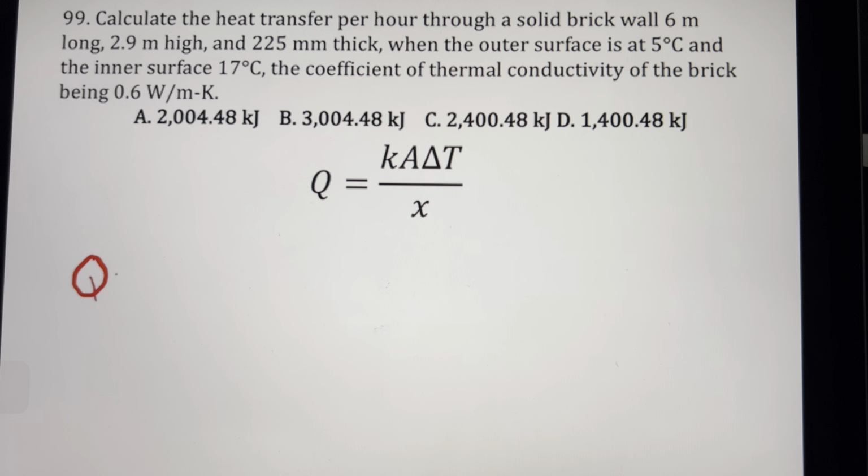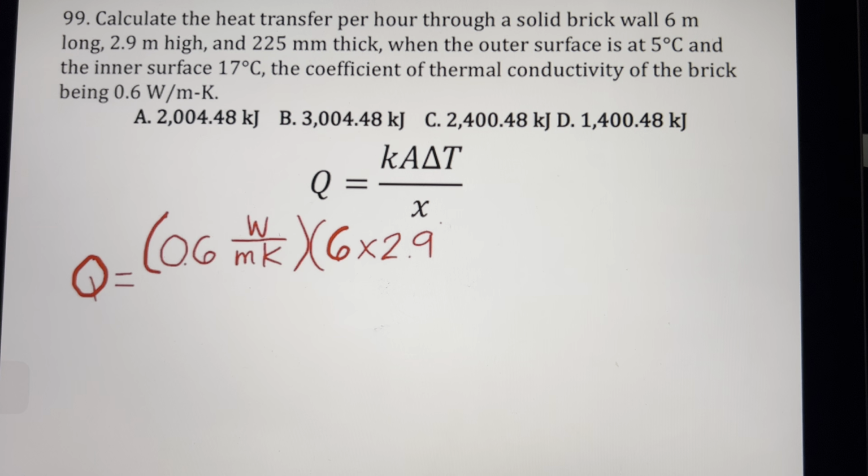And let's identify our given. Our k is the thermal conductivity, 0.6 watts per meter Kelvin. Area, this is the product of the length of the wall and the height of the wall. That is 6 meters times 2.9 meters, that is square meters.